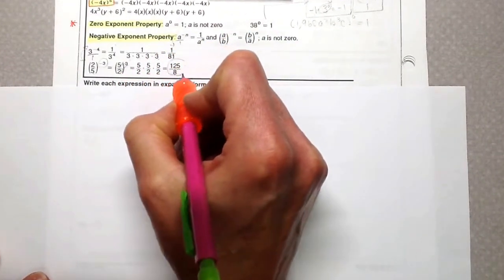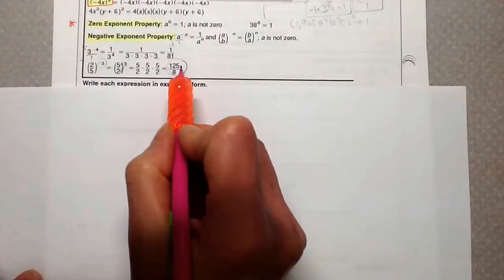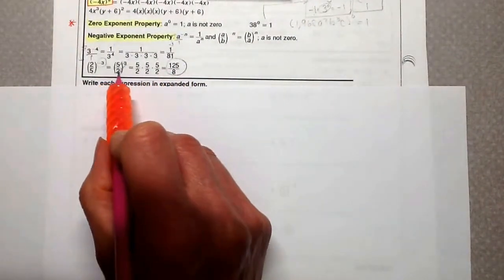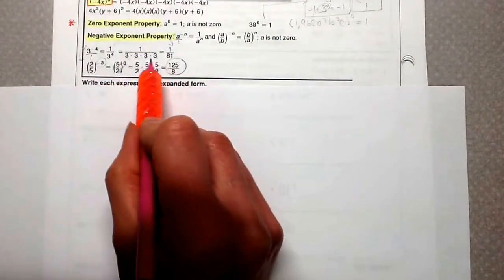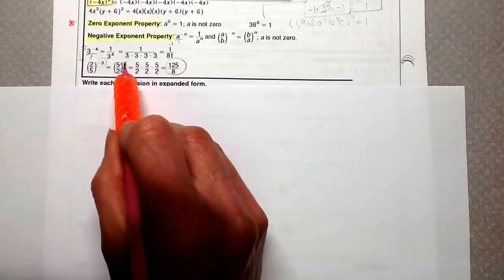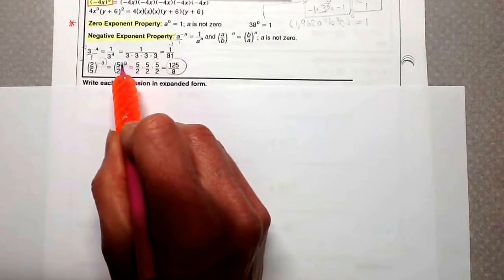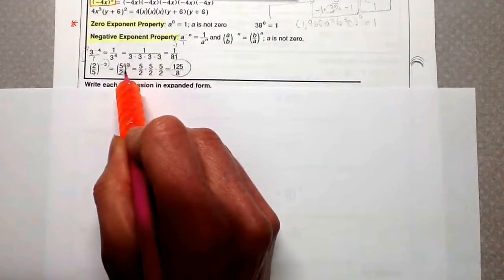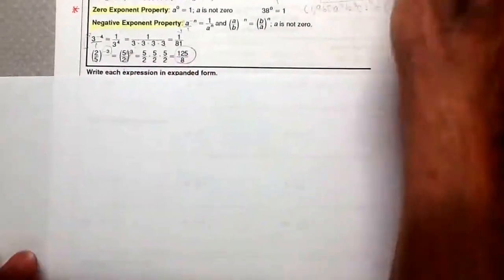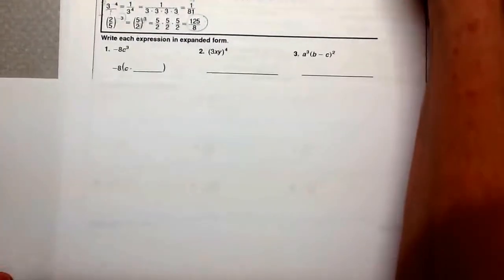So you can jump right to this step, because you don't have to expand it. Properties of exponents just say that I take 5 and cube it, and I take 2 and cube it to end up with 125 over 8. Okay.